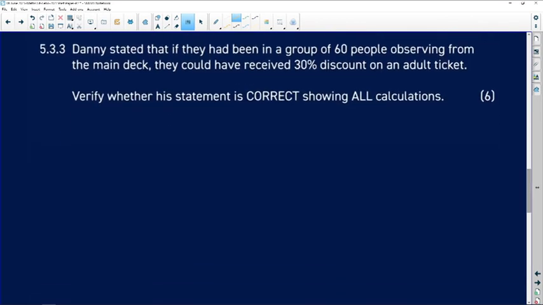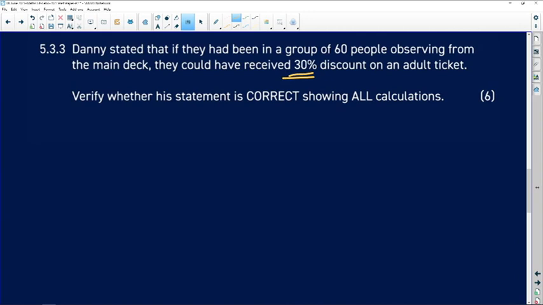Danny stated that if they had been in a group of 60 people observing the main deck, they could have received a 30% discount on an adult ticket. Verify whether his statement is correct or not.